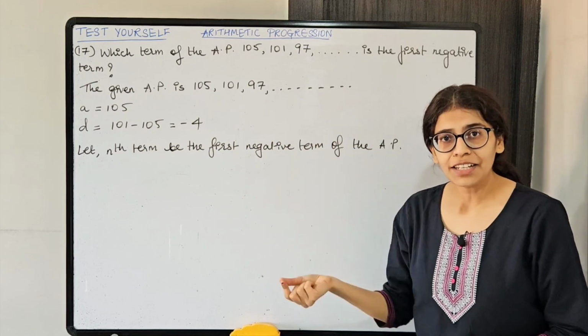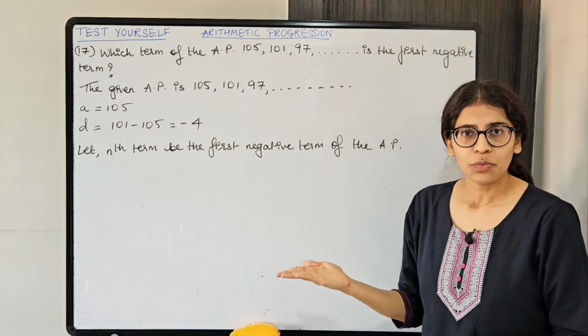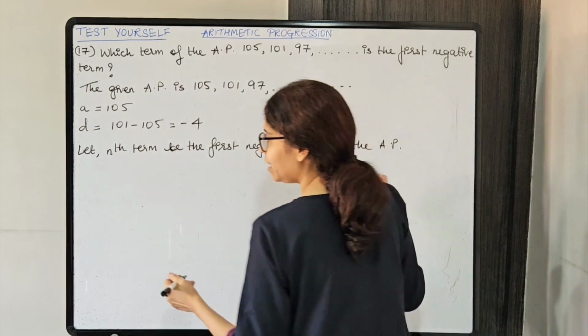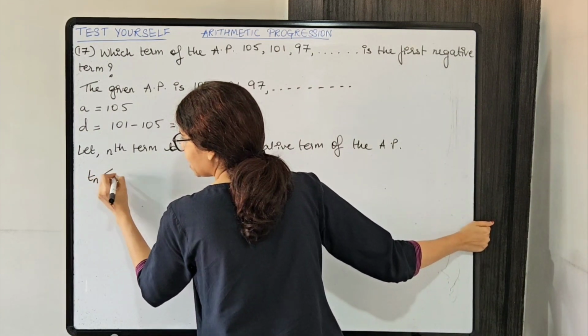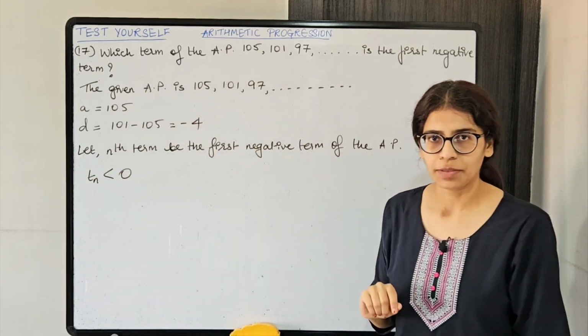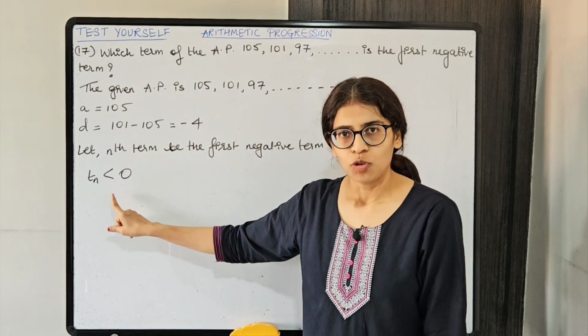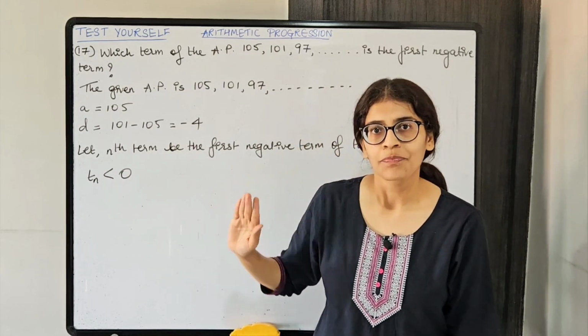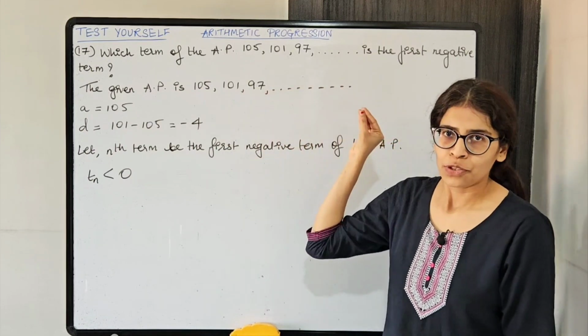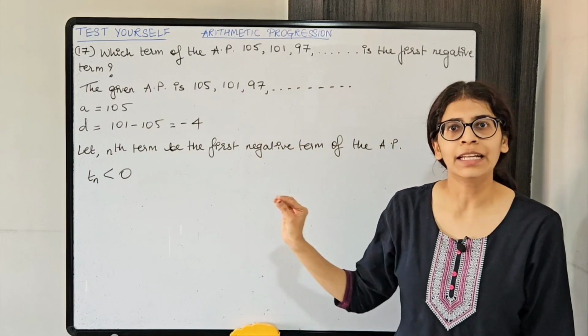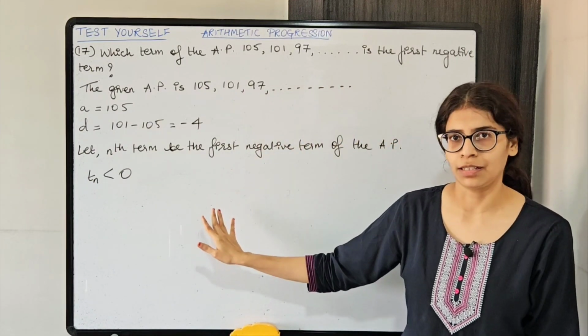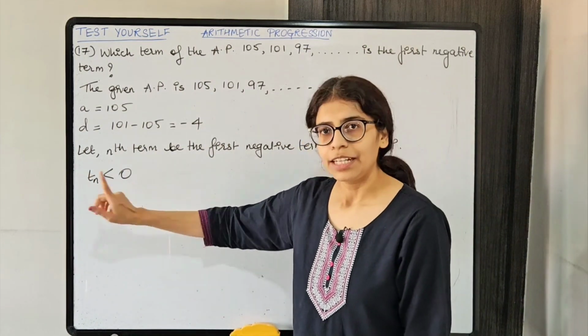Since it is negative, it will be less than 0. Right? So Tn will be less than 0. Okay. Tn will be negative, students, n cannot be. N is the numbering of the terms. So numbering is always a natural number. It can never be negative, decimal, nothing like that. Okay. So Tn is negative.